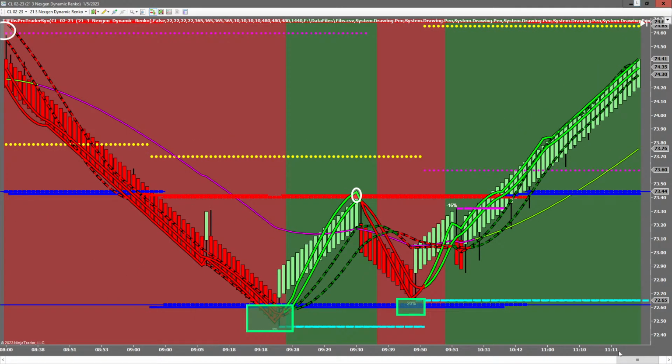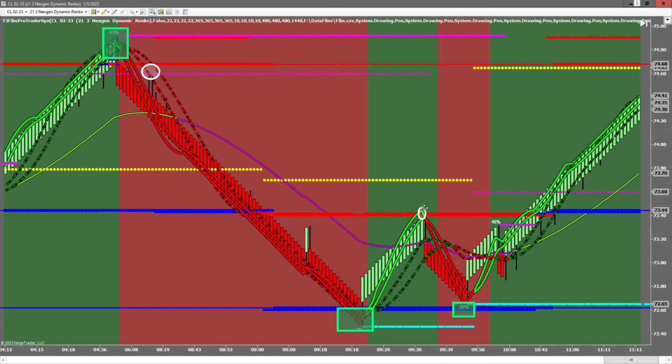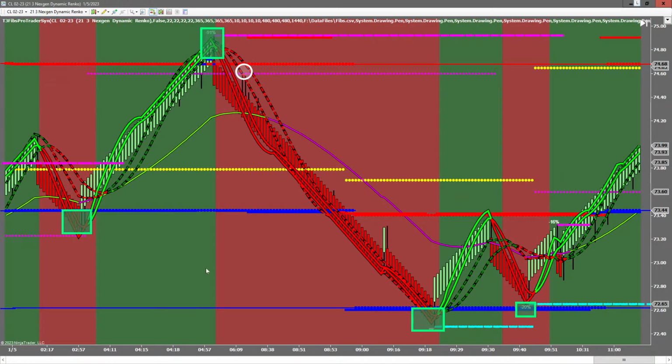So again, look, circles are where there's probable trades, where you probably could have had some kind of long trade. So maybe a long trade, maybe a short trade.